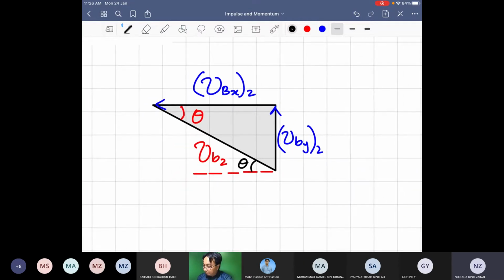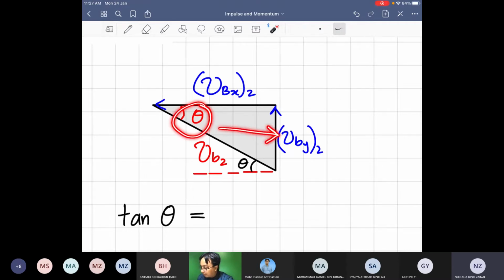Okay, so kita boleh gunakan tangent theta. Tangent is the opposite divided by the adjacent, which is theta. Kalau theta di sini, okay, the opposite dia yang bertentangan ialah this one lah, VBY divided by the adjacent, yang sebelah dia is the VBX.